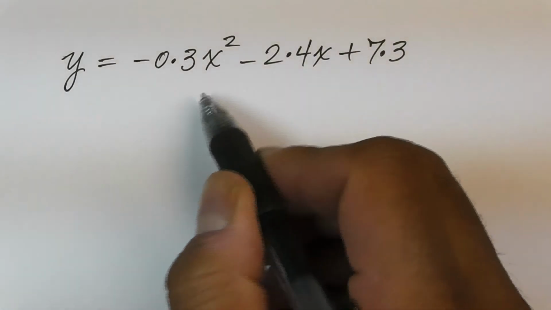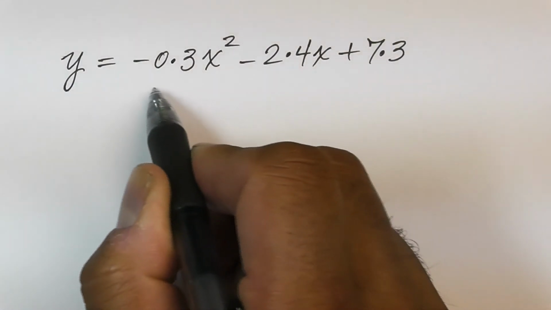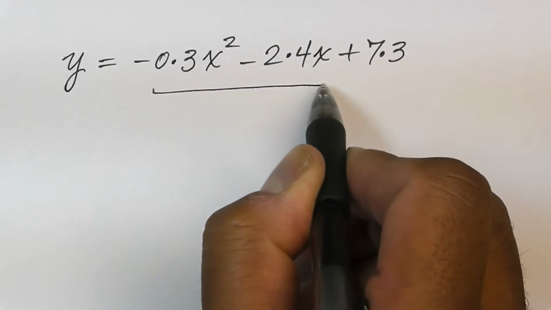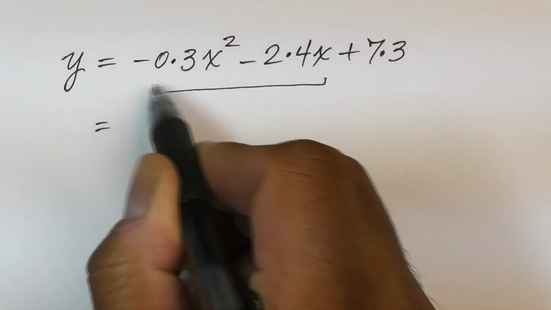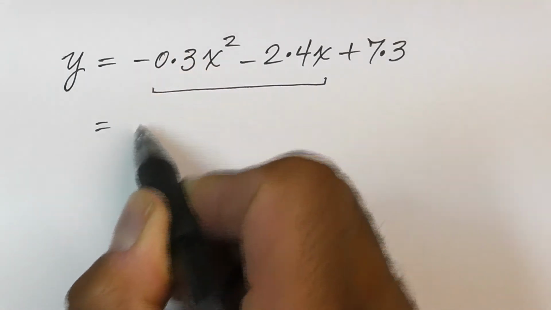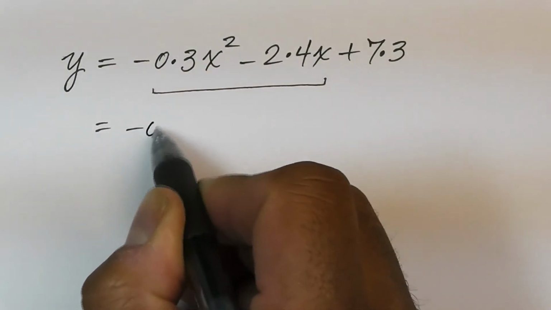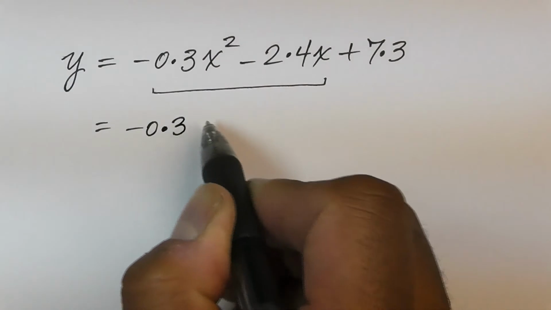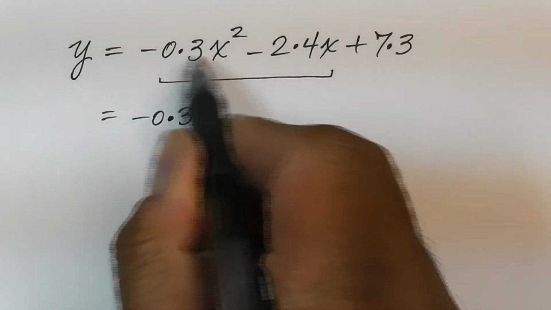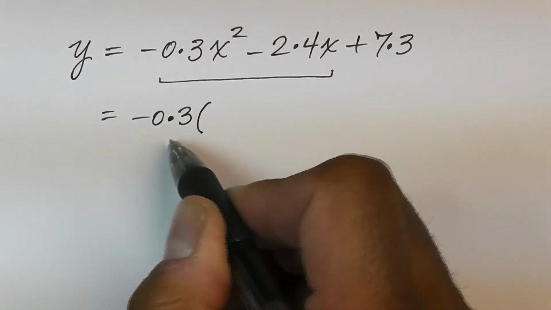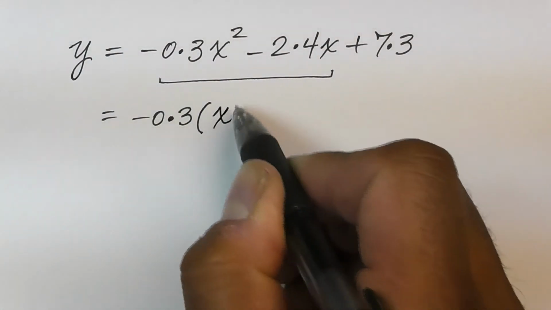Let's look at another example. Again, I'm going to focus on just my x terms. So the first thing I'm going to do is factor out this coefficient. So I've got negative 0.3, brackets. When I divide that by negative 0.3, I will get x squared.